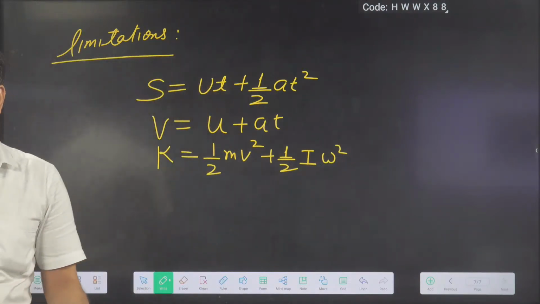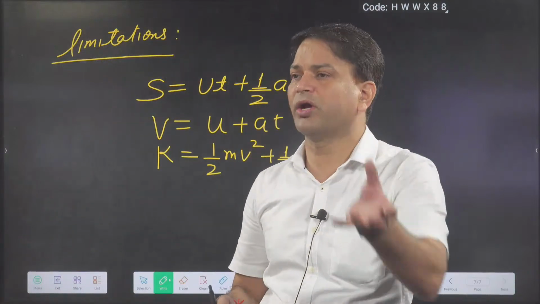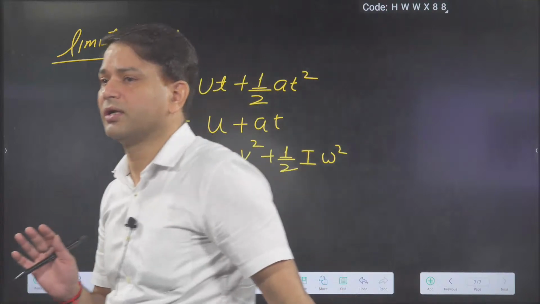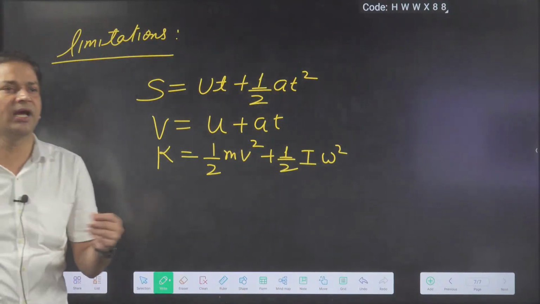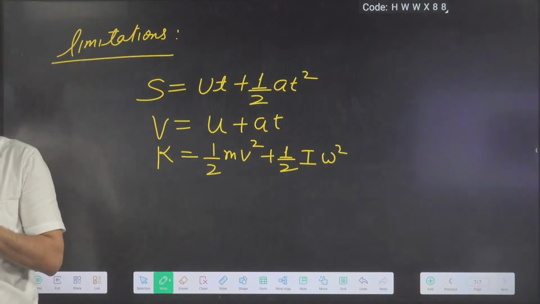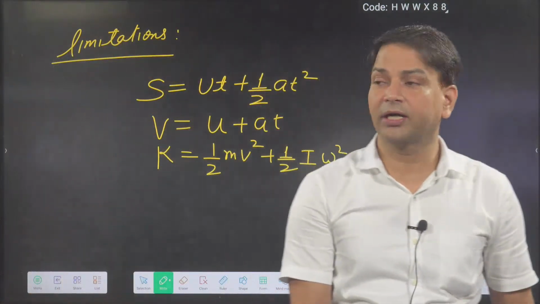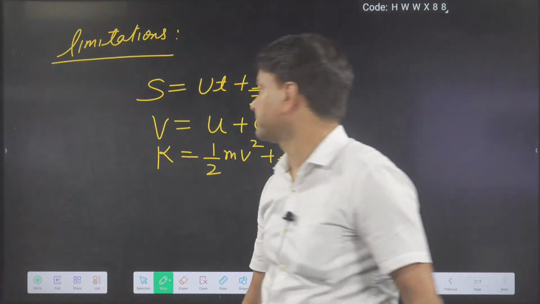These formulas contain two terms. So if any equation contains more than one term, we cannot get it by using dimensional analysis. Everybody got or not?